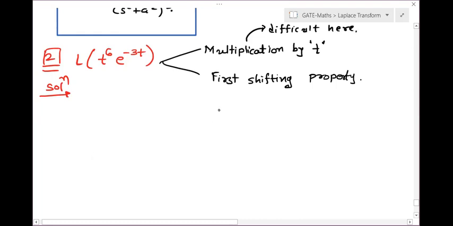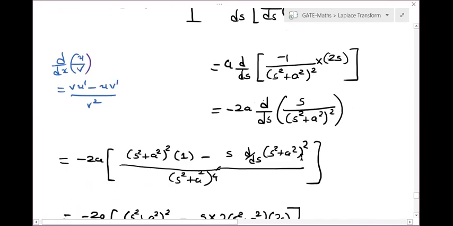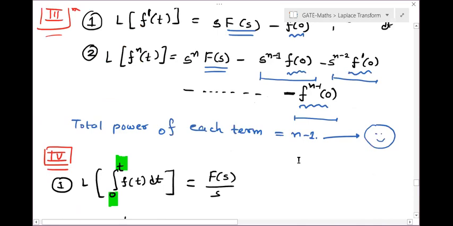Now according to first shifting property, if e to the power minus at is multiplied to f of t, then first you should find Laplace of f of t, that is your capital F of s. Then you should replace this s with s minus a. Sorry, if e to the power minus at, then you should replace with s plus a. In this chapter, you are going to be confused in minus a and plus a only, right?